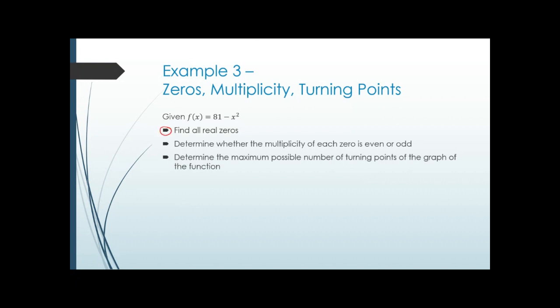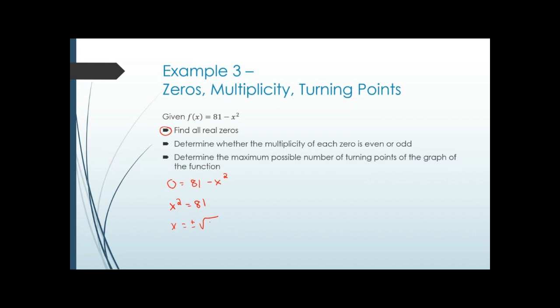When you find the zeros, you set your equation equal to 0 and then solve for x. So we have 0 equals 81 minus x squared. The easiest way to solve this is to add x squared to both sides so that I have x squared equals 81, and then take the square root. When you take the square root, we get a plus or minus.